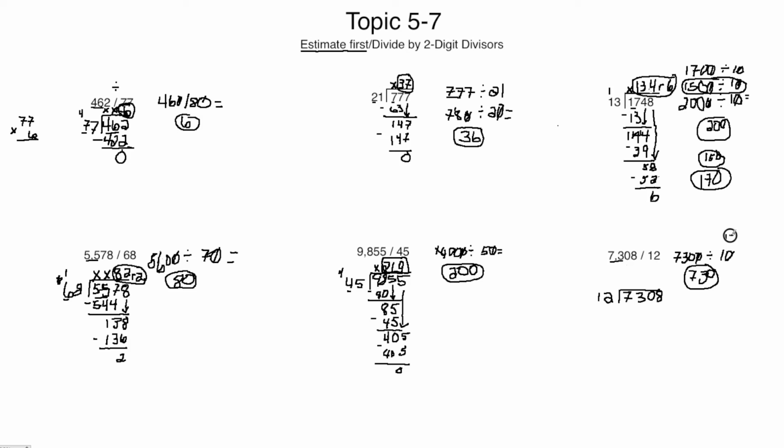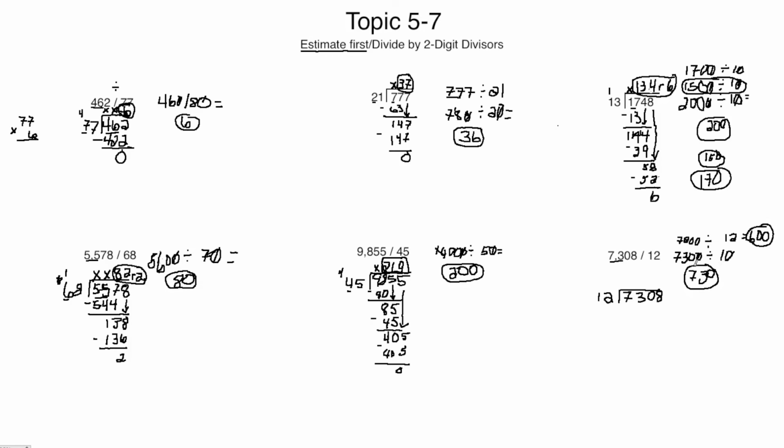If you left it as just 12, and you know in your head that 12 can go into 72, then by all means, you could do it that way as well. 12 goes into 72 6 times, and then you're left with 2 zeros, which gives you the estimated quotient of 600.